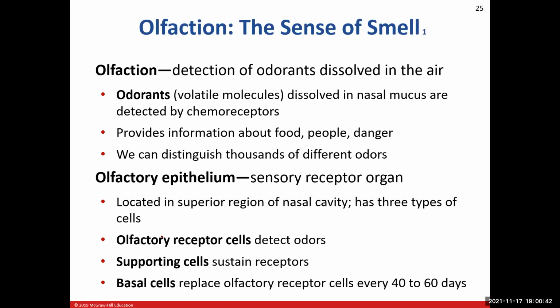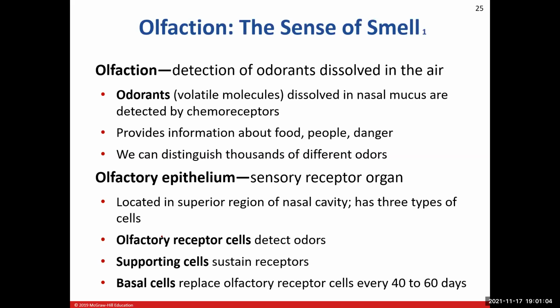Okay, so let's talk about our first special sense. Well, actually not really our first, because we talked about tactile, but let's get into our sense of smell. It's a good place to begin tonight. So what is smell? Also known as olfaction.